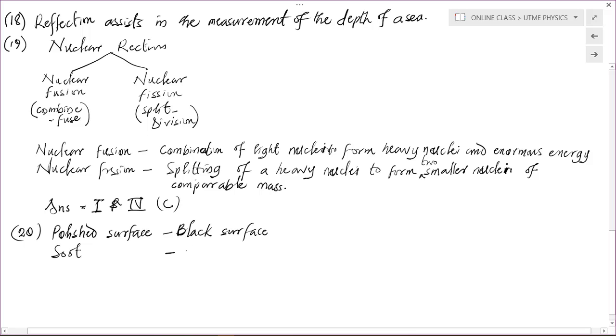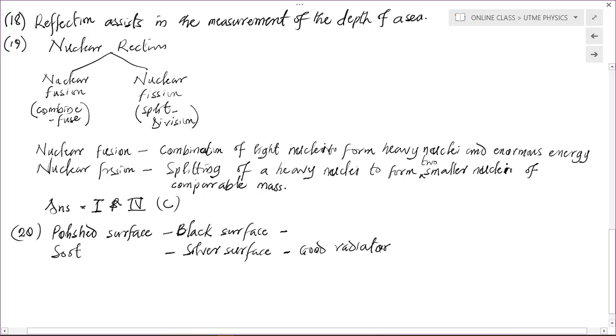A polished surface is like a silver surface. This one is not a good radiator because it absorbs too much. But soot is a good radiator. It radiates easily.